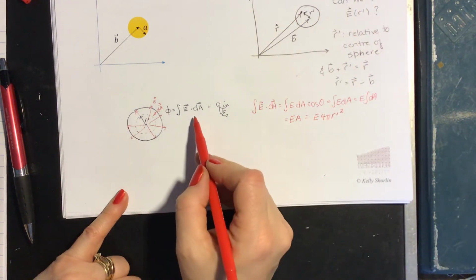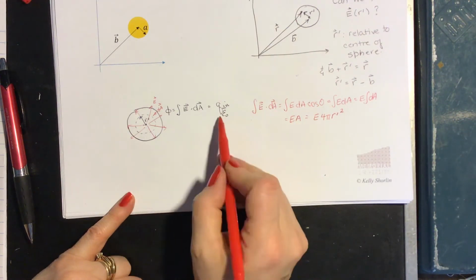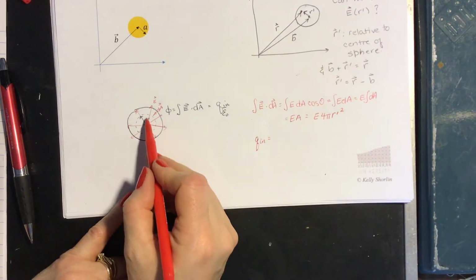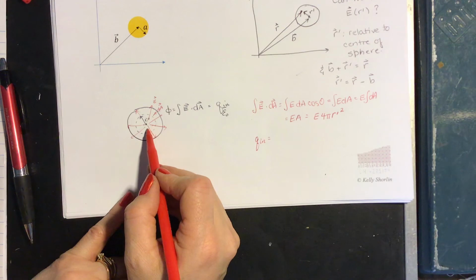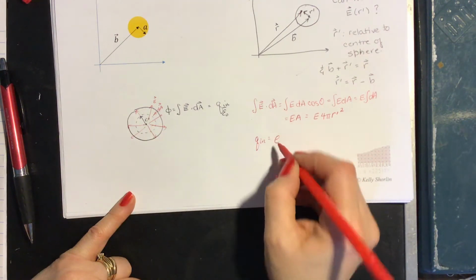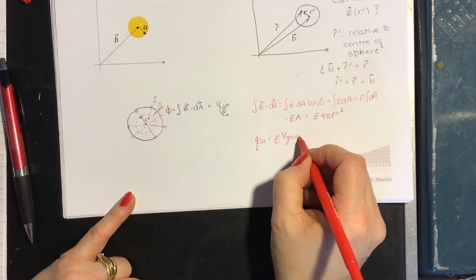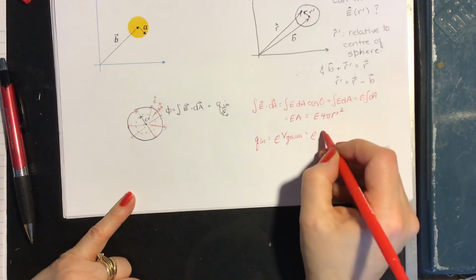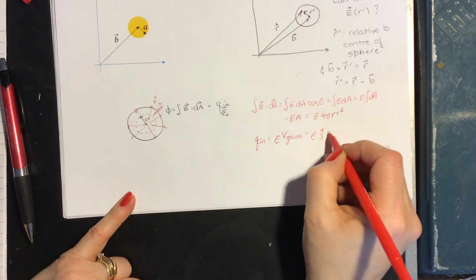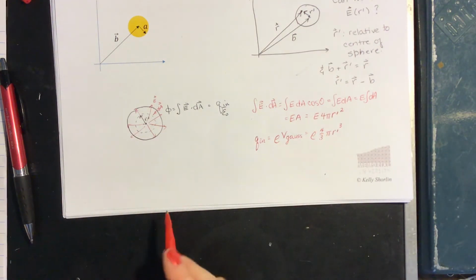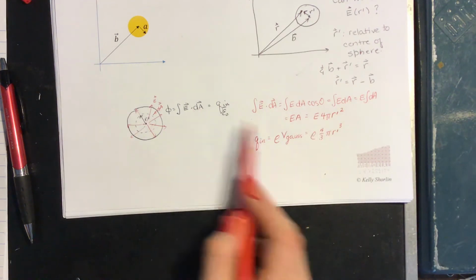What about the other side? What is Q inside? Q in is the amount of charge within the Gaussian surface. The amount of charge within the Gaussian surface would be the charge density times the volume of the Gaussian surface. So that would be the density times 4/3 times pi times r primed cubed. So there's the two sides of our Gauss's law. Let's plug in this for this side, and see what we get.